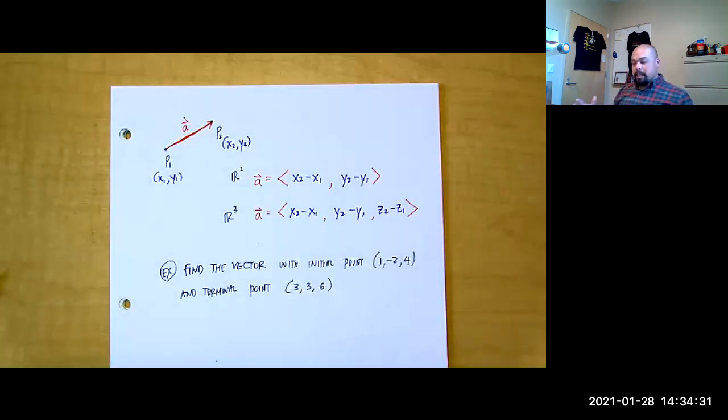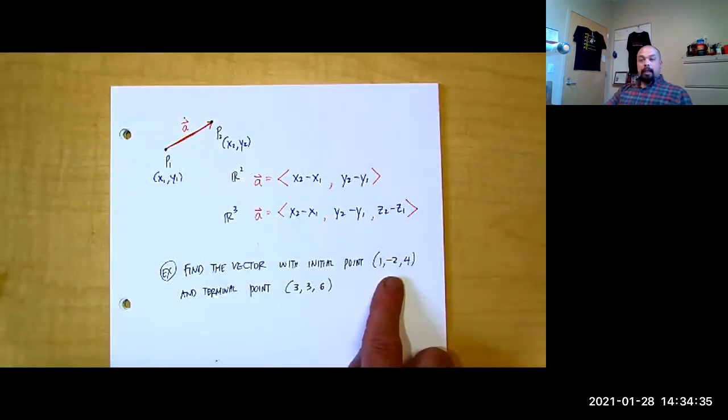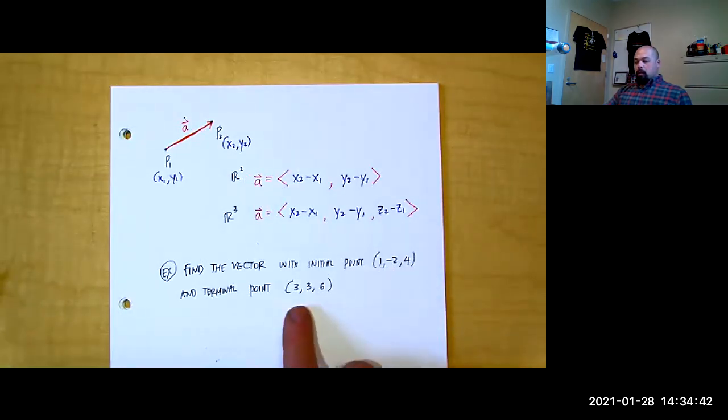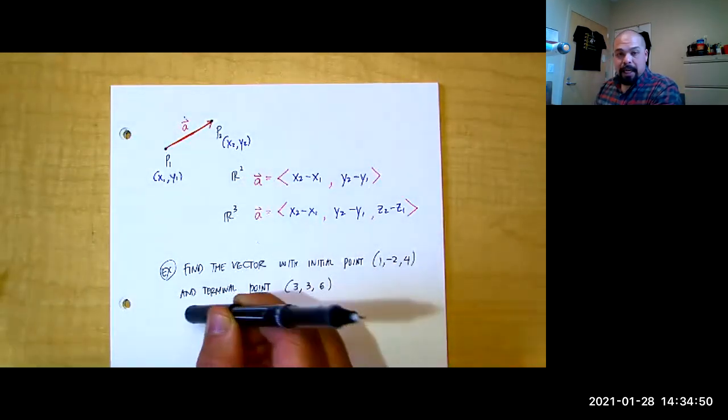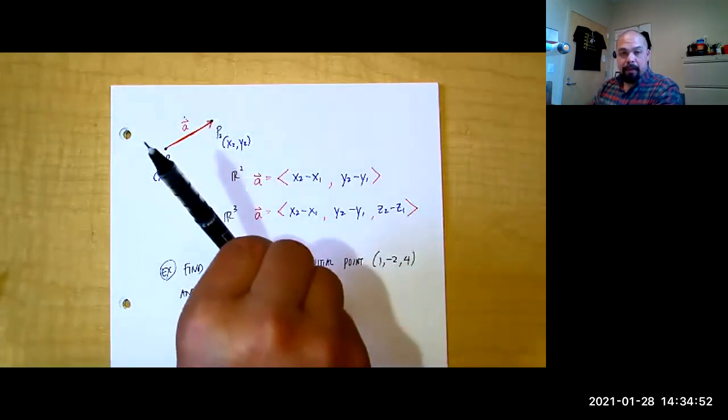Okay, so we can imagine this point. I know it might take a little more to plot in 3 dimensions, but we have our x, y, and z coordinates for the initial point and for the terminal point. So having these 2 points in space, we're trying to find that vector that's going to point us in that particular direction.